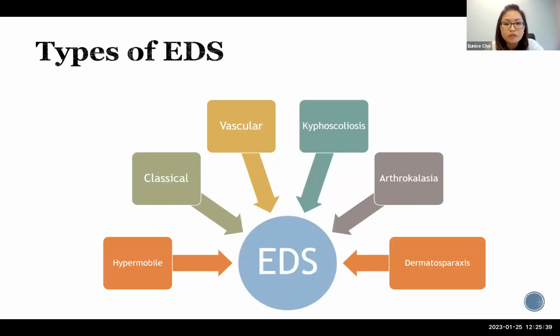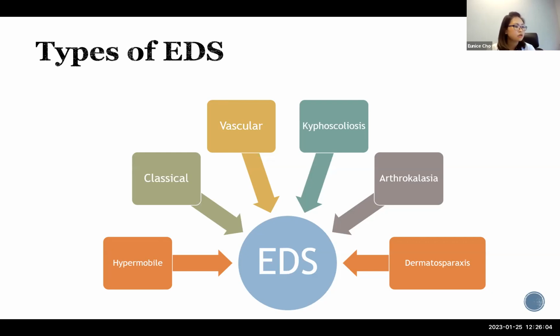There are actually 13 known types of EDS at this time. I've listed a few here, but the most common one is the hypermobile type. More than 90% of the known EDS cases are the hypermobile subtype. Classical and vascular are also common types after hypermobile.